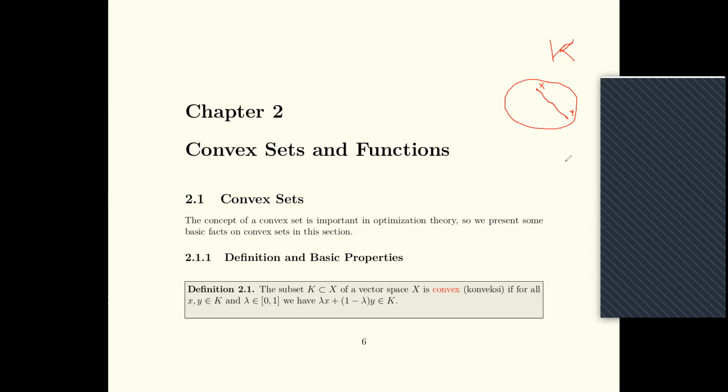So basically what this definition says is that all the points that join X and Y along a straight line are also inside this set. So this is a convex set because, obviously I made a small nudge there on the edge, so this is not really convex, but let's say that this is convex.